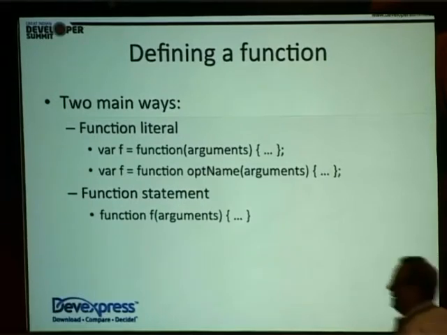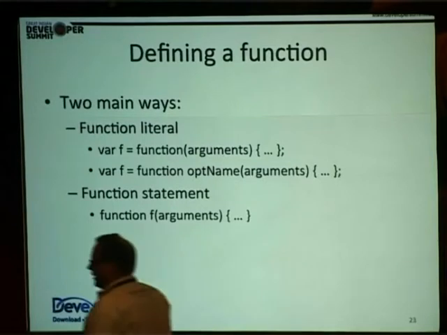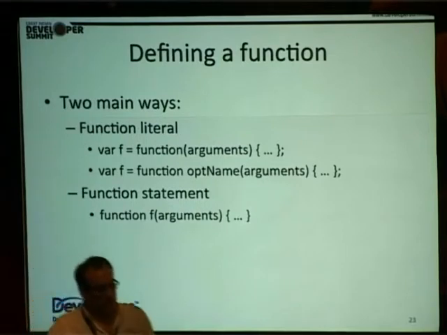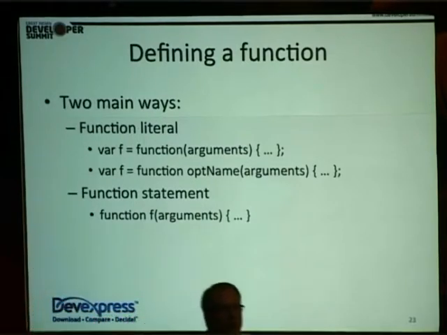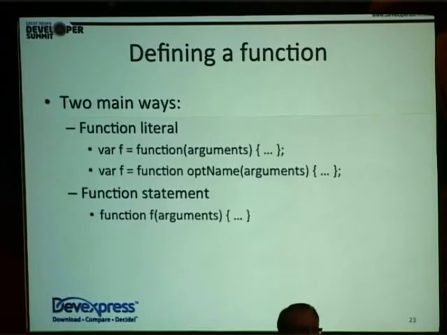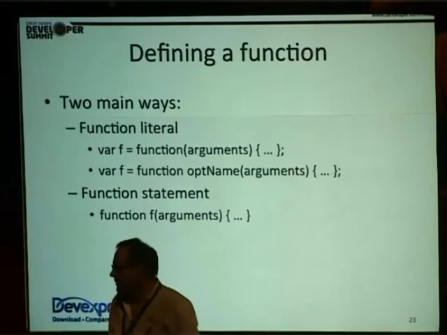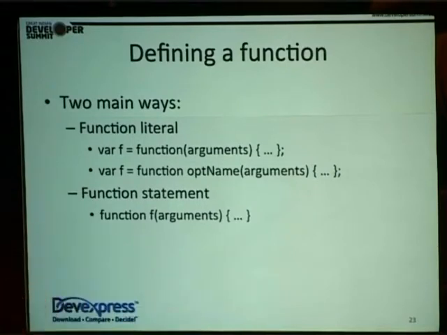There is one case where it works slightly differently, but it's just not worth worrying about. The other thing about using var some function name equals is you're automatically saying to yourself that functions are objects. You're going to be passing around this function in some sense. It becomes easier to understand.